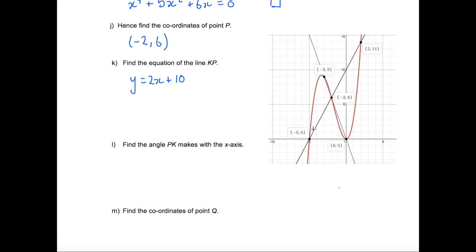Find the angle PK makes with the x-axis. This is the point P, this is the point K, and it wants us to find this angle here. How are we going to do that? The gradient of this black line is m equals 2.